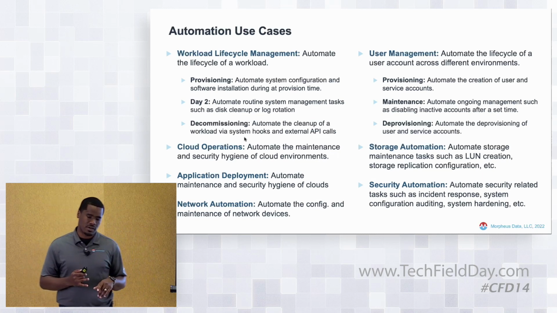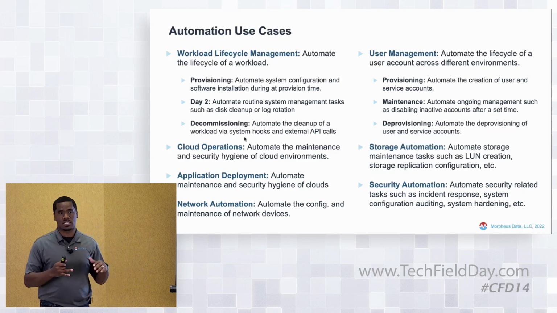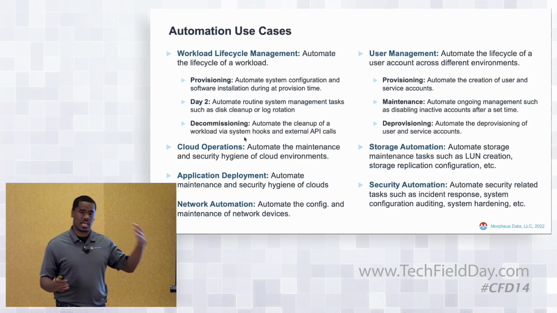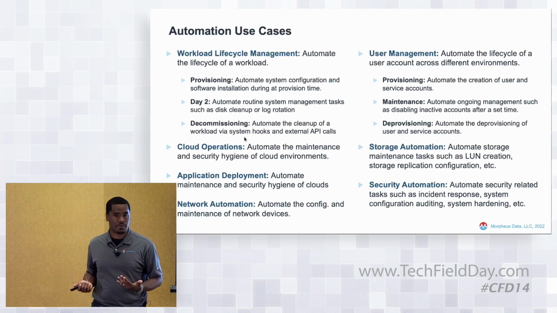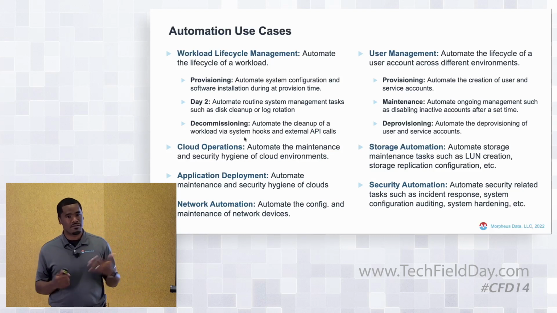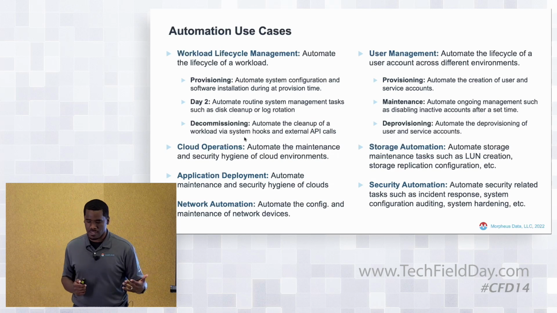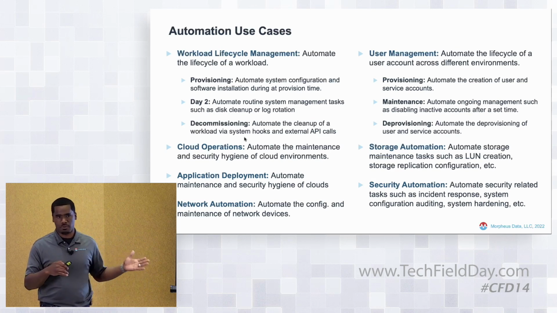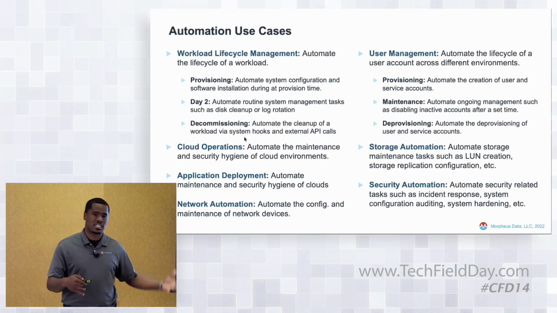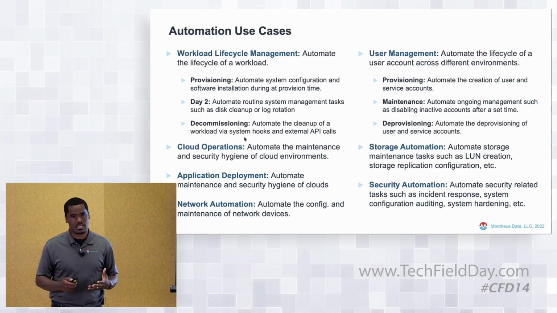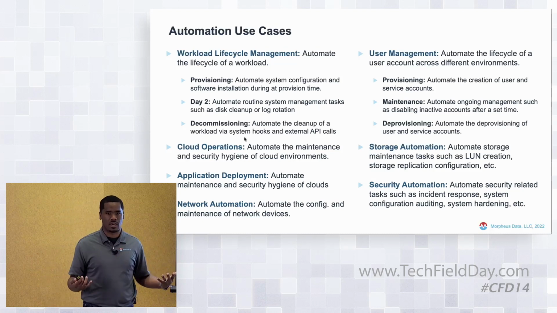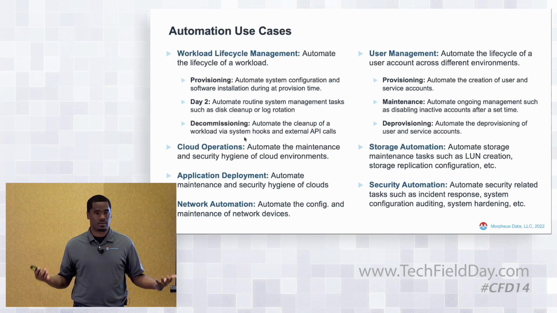So things like network automation, storage automation, application deployment, also look at aspects in which you can leverage it for cloud operations to manage cloud environments as part of the ongoing hygiene of those environments, user management, provisioning, management, decommissioning, number of use cases. So the question becomes, what's the platform where I can run those from?